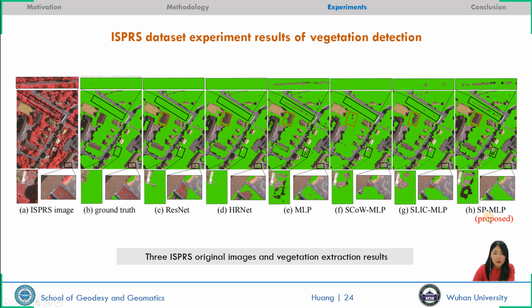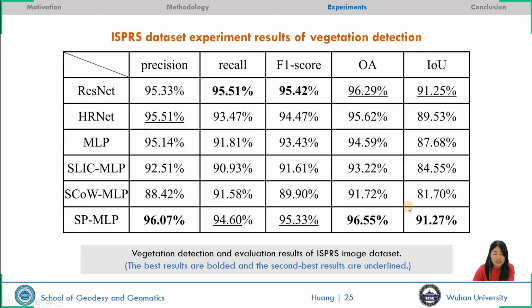However, our proposed method, on the other hand, is more prone to keep boundaries and rarely misidentifies non-vegetation as vegetation. Quantitatively, our result is basically better than HRNet, and for ResNet, comparable performance can be achieved by our method, but the prediction model of ours is much smaller and much easier to train.